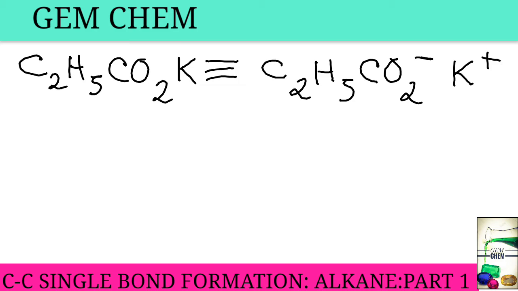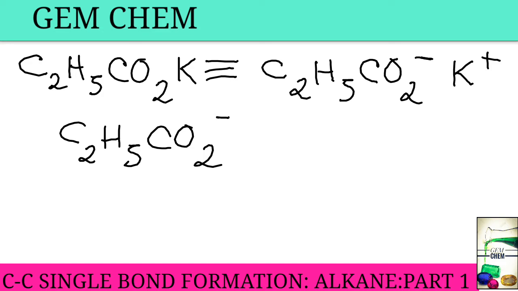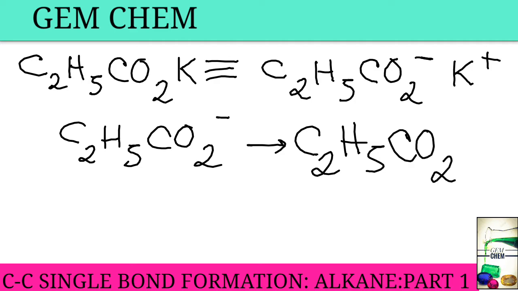Now minus, as we know, represents an electron. So C2H5CO2 minus can give up one of its electrons to form C2H5CO2 dot plus 1 electron.